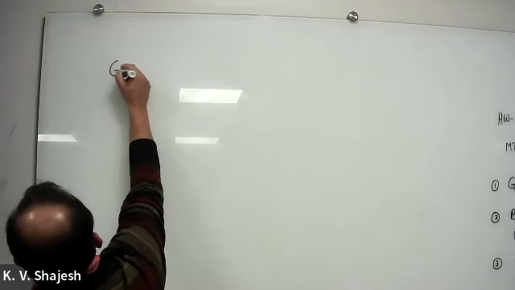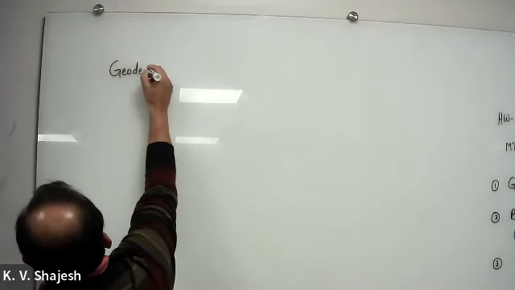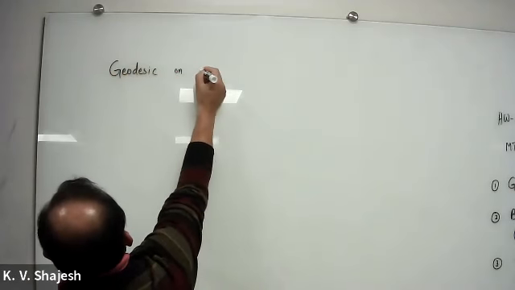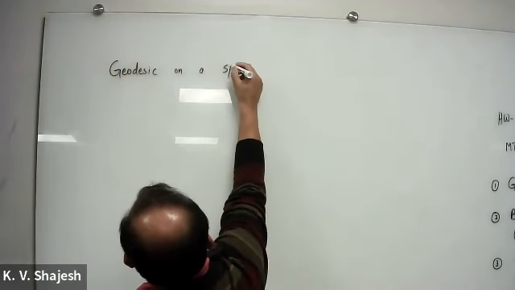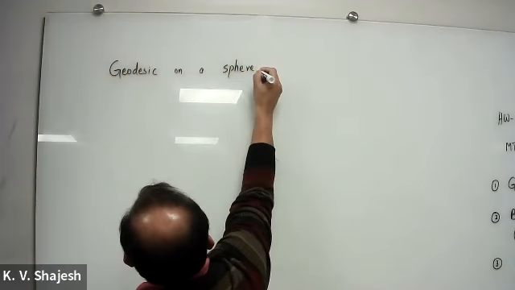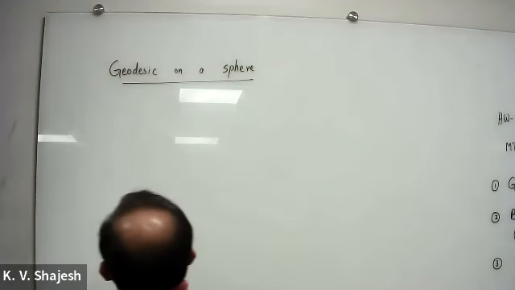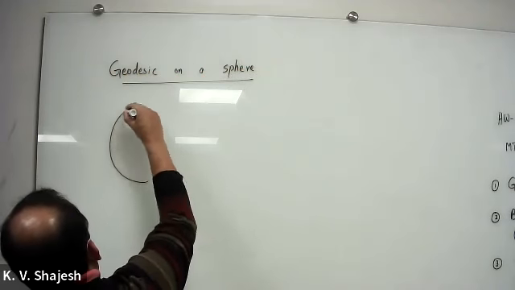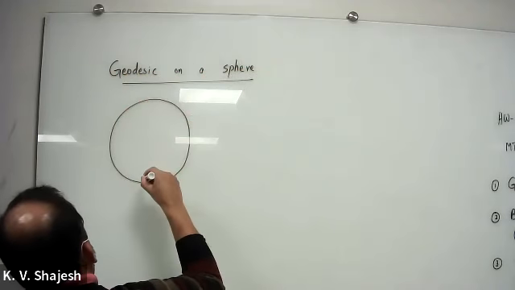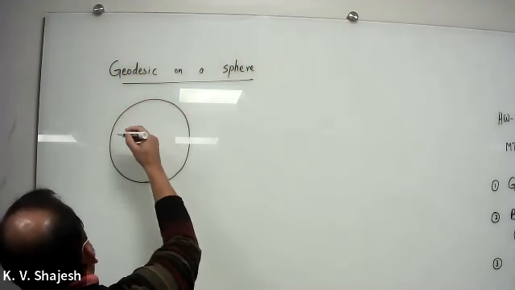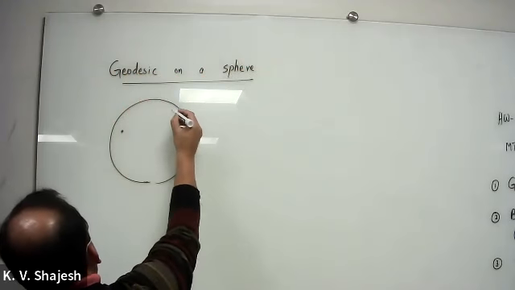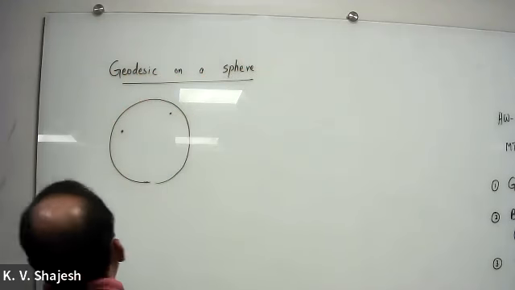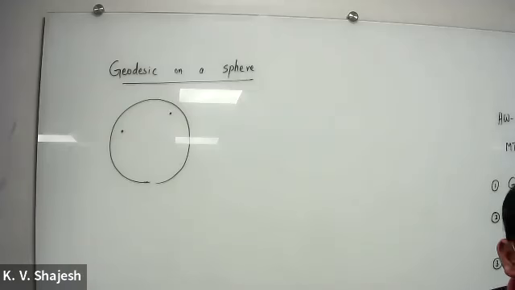So let's call this geodesic on a sphere. On the surface of a sphere, the question is you want to go from one point to the other point on the surface of the sphere.